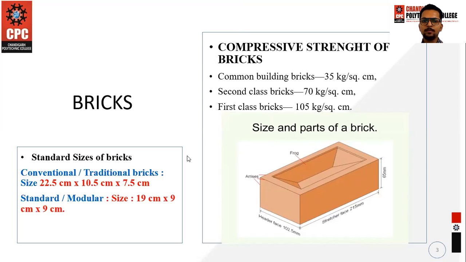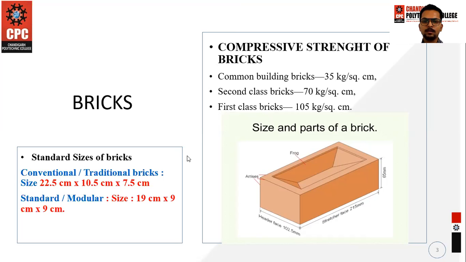The common building brick strength should be 35 kg per centimeter square. So for a normal brick which we use, the minimum compressive strength should be 35 kg per centimeter square. Then a second class brick should have 70 kg per centimeter square strength.